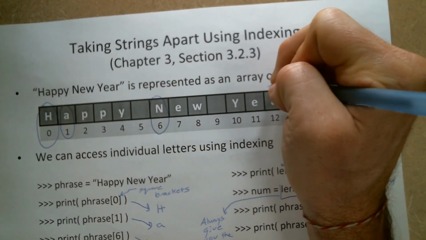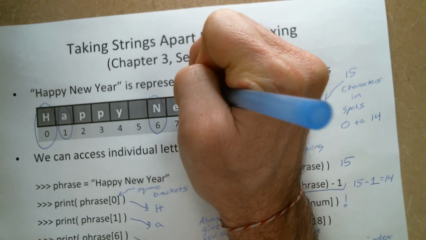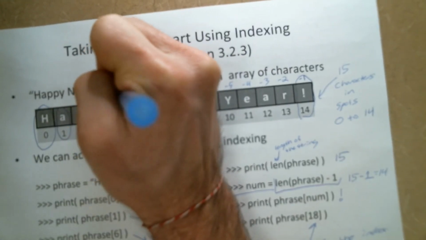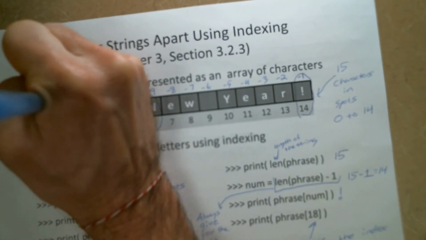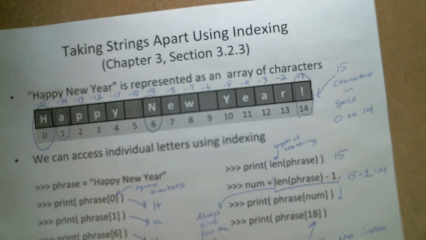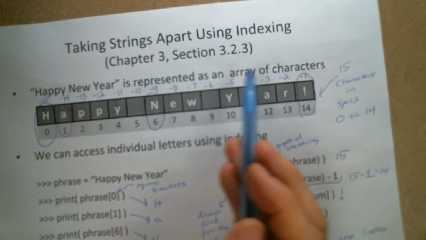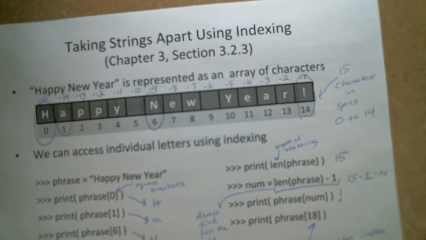This would be -2, -3, -4, -5, -6, -7, -8, -9, -10, -11, -12, -13, -14, -15, and then -16 would give you an error. So Python's a little unique in that negative indexes will actually work through the string backwards.